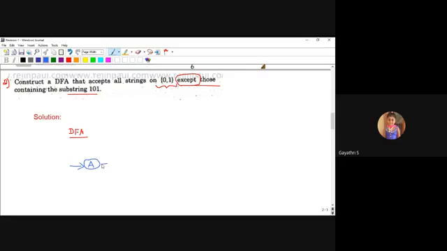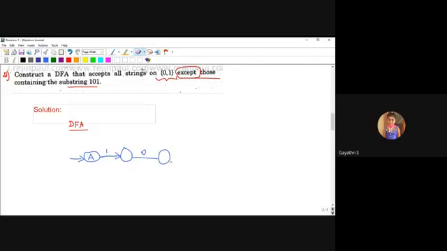First, I will make a transition for 101: 1, 0, 1. If any string has a substring 101, definitely that automata should not accept it. So I don't make this a final state.